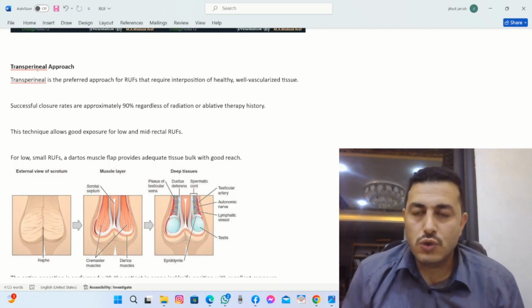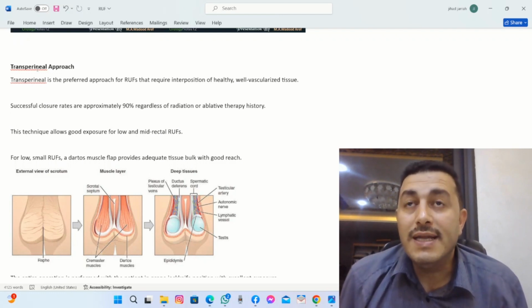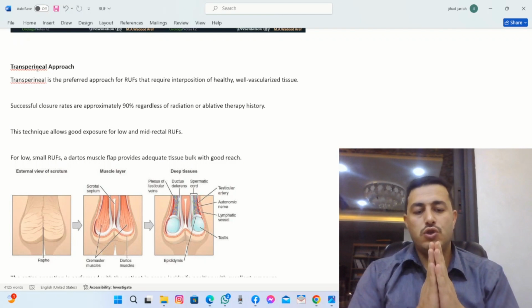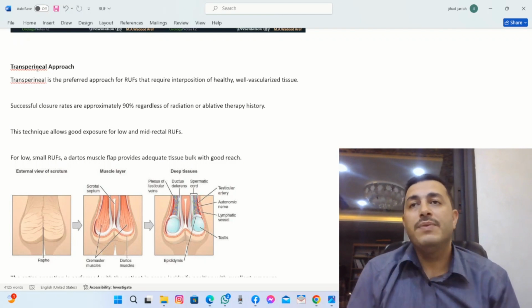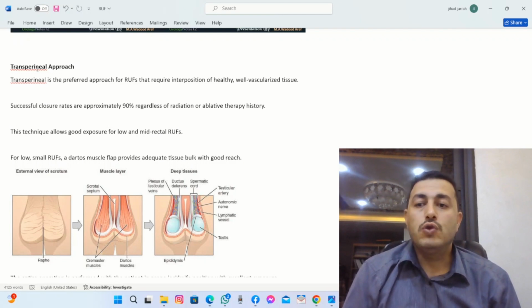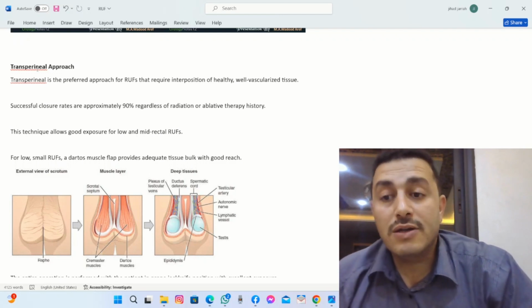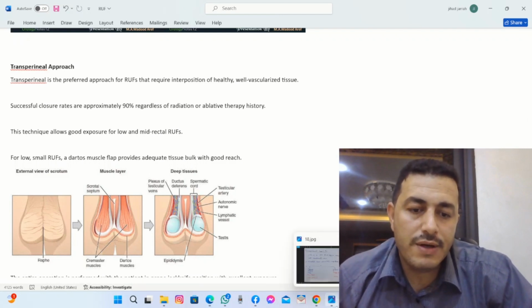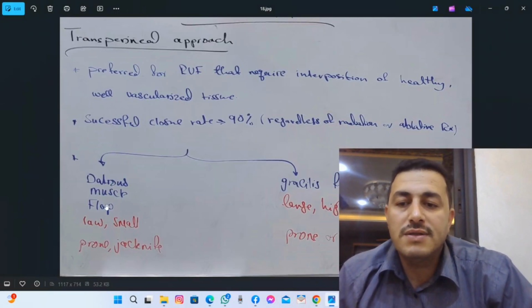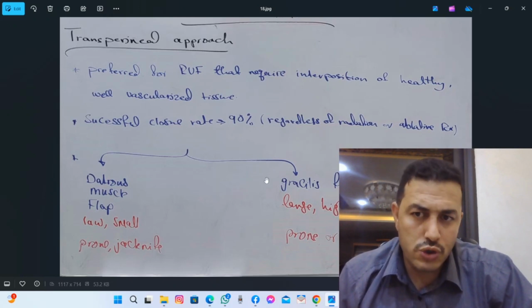It's mainly indicated when we need to use an interposition flap. We want to put tissue between the rectum and the urethra in the form of a pedicled flap. We have two main flaps. These are the dartos muscle flap and the gracilis muscle flap. We will show them.